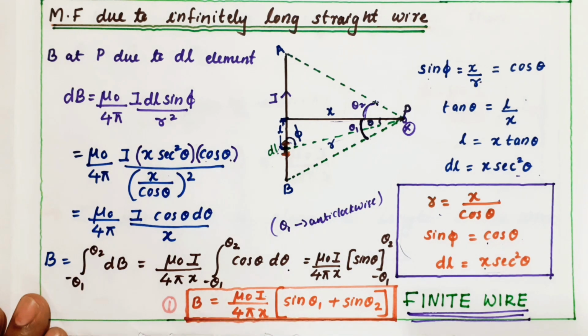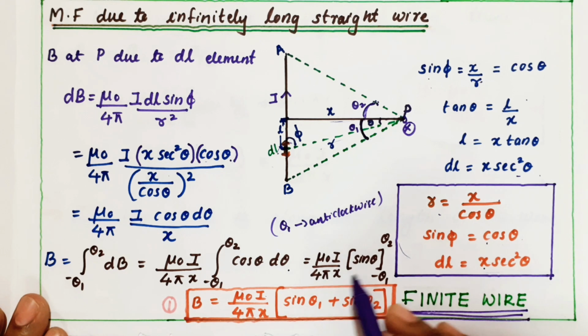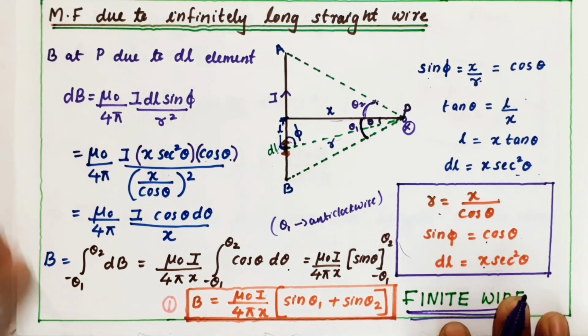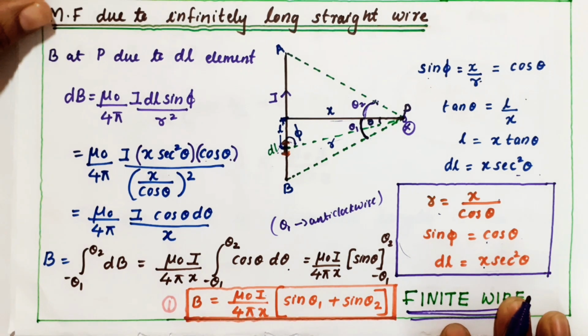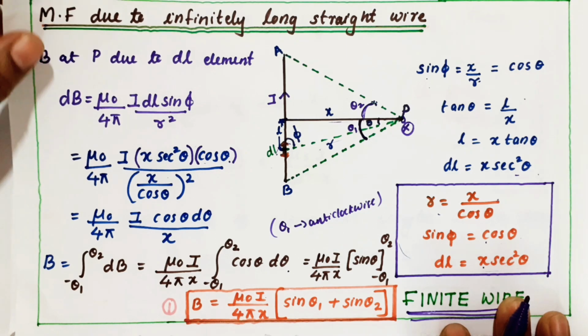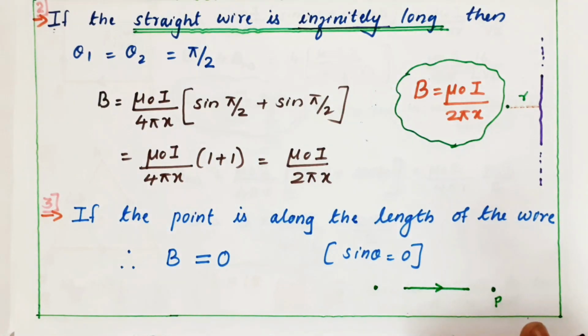So I am integrating for the total magnetic field, mu naught I by 4 pi x into the integral of cos theta d theta from minus theta 1 to theta 2, which is mu naught I by 4 pi x into sin theta within the limits minus theta 1 to theta 2. I get a very beautiful equation, mu naught I by 4 pi x into sin theta 1 plus sin theta 2.